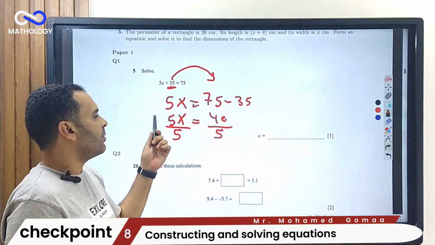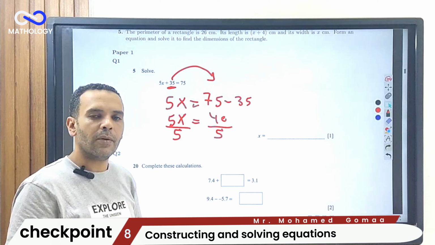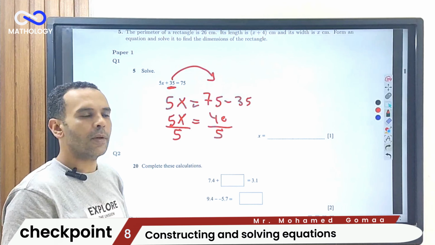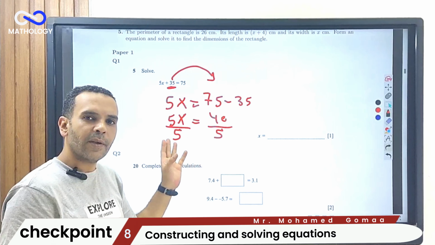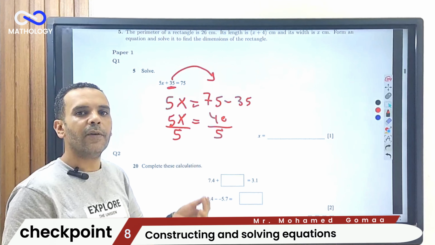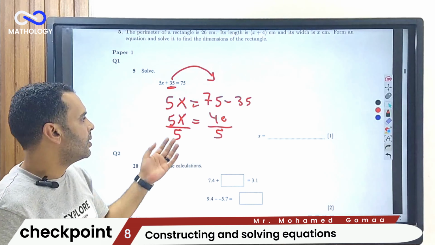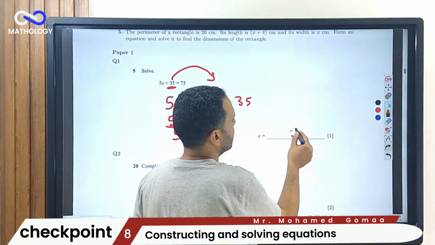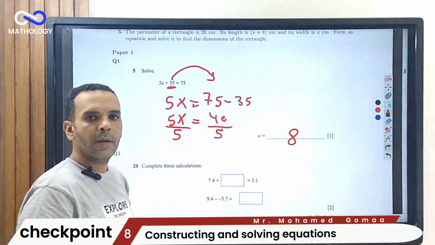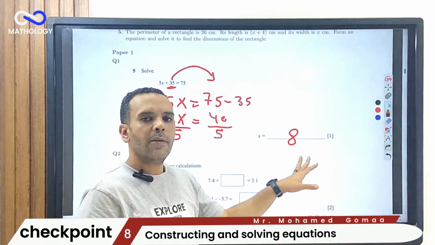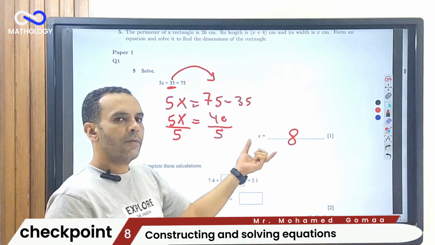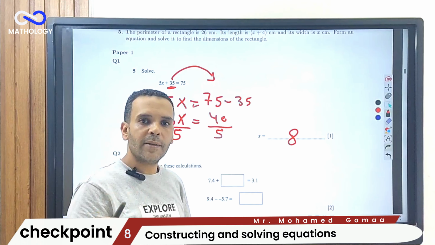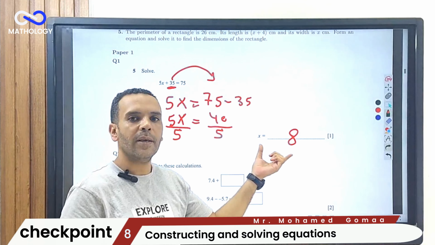Divide by the number in front of the letter or in front of your unknown. We have 5 in front of x, so we have to divide by 5 because 5x means 5 multiplied by x. So divide by 5, it will be x equals 8. This is the solution of this equation. To get the value of x means you solved the equation.